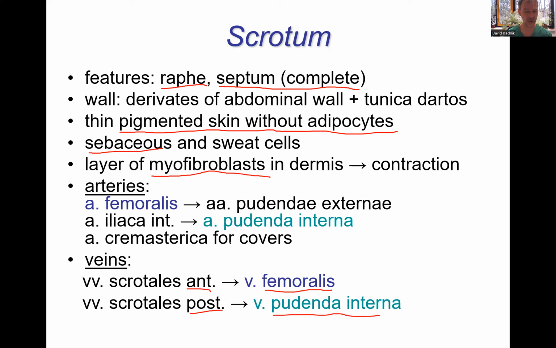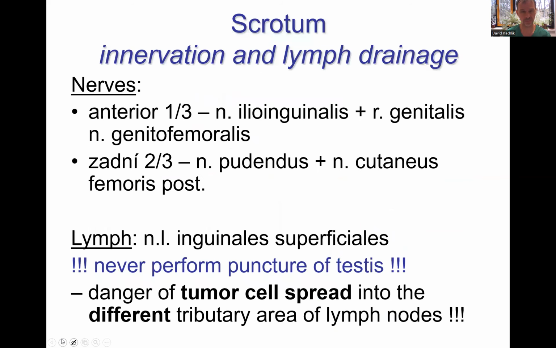For arteries, we have the pudendal artery and the external pudendal arteries, which are branches from the femoral artery. So from two axes, it can also serve as an anastomosis between the network of internal iliac and external iliac arteries and veins.